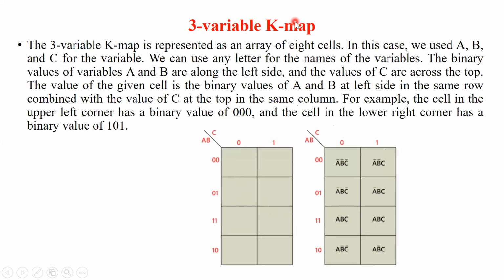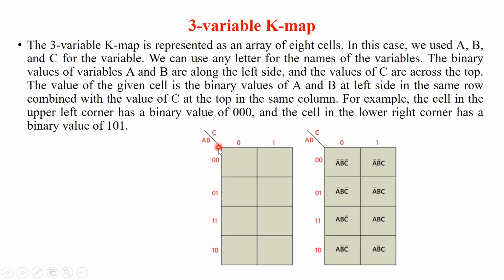So for a 3 variable K-map, suppose I take it as A, B, C, or you can take X, Y, Z. So what you do is, suppose on this side, I say that I have to make a group of AB, and then C. Or you can take A alone as well as BC together. In that case, my number of columns will be more. Here, suppose AB, and this is my C separately.